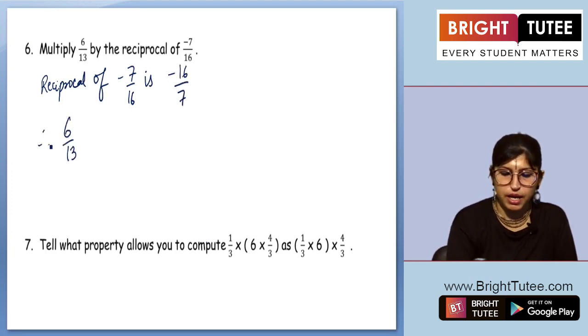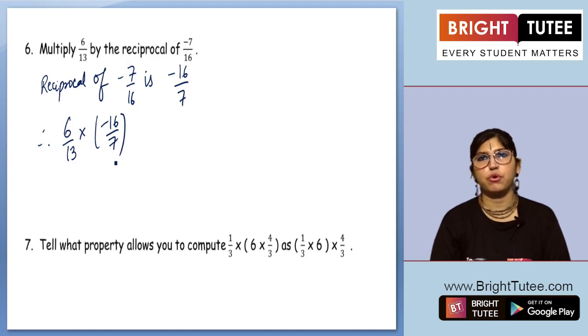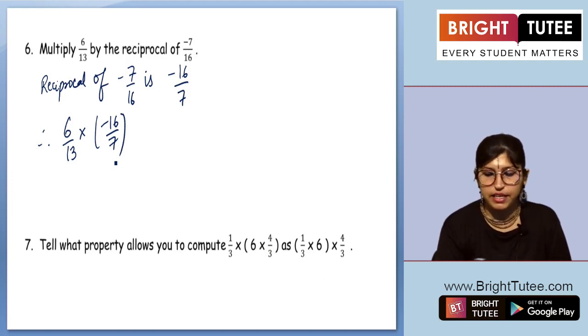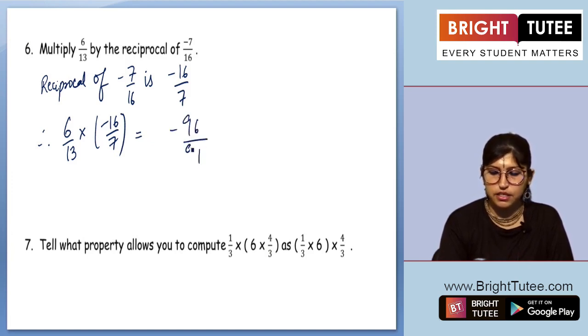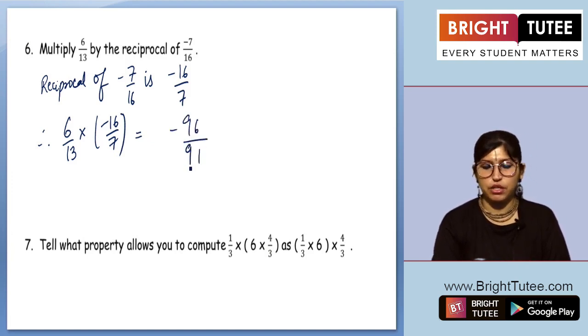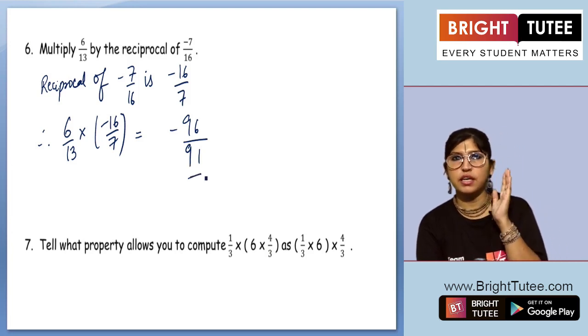We need to multiply 6 by 13 with the reciprocal of it. Can we cancel anything out? No, we can't. So we'll be multiplying this, and we'll get minus 96 over 91. So 6 times 16 is 96, and 13 times 7 is 91.